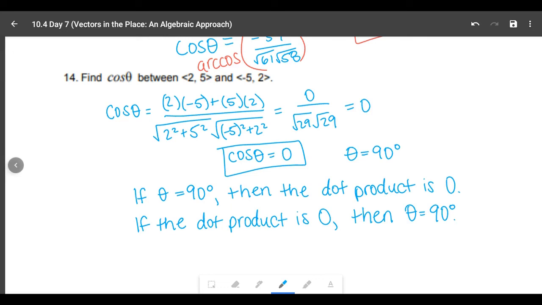If you go on to take more advanced math classes, the name that you will hear about when theta is 90 degrees, we are going to say that these vectors are orthogonal. And what orthogonal means is a fancy name for perpendicular.